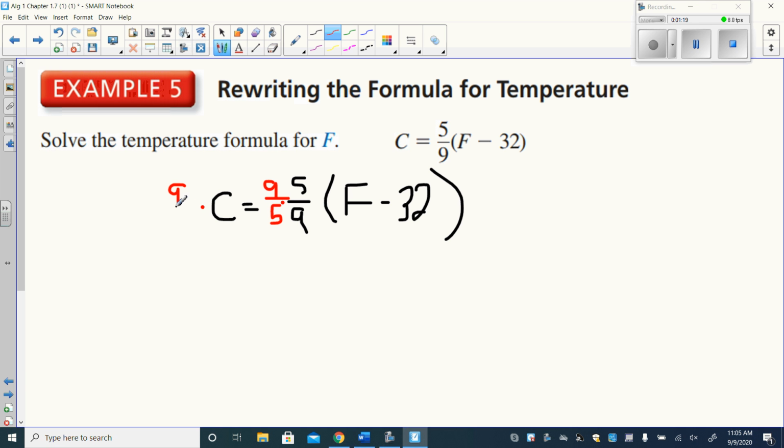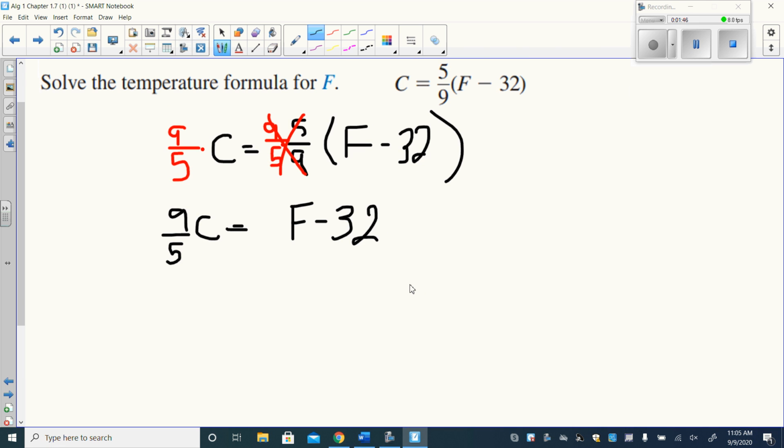And what that works out is these cancel. So multiplying by the reciprocal, the flip of that fraction, will cancel them out. The reason I did that is because I want 9/5 times our degrees Celsius is equal to Fahrenheit minus 32. That might not be an intuitive step for y'all, but that is one thing we can do.